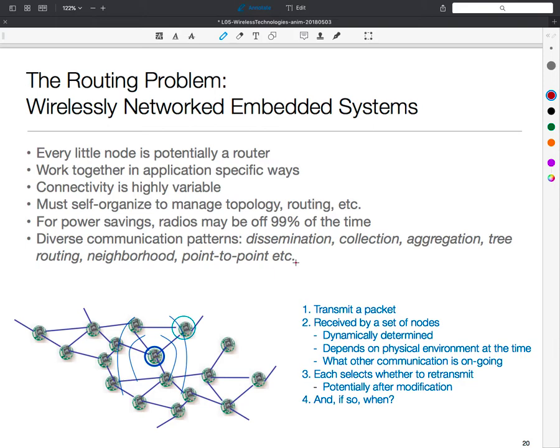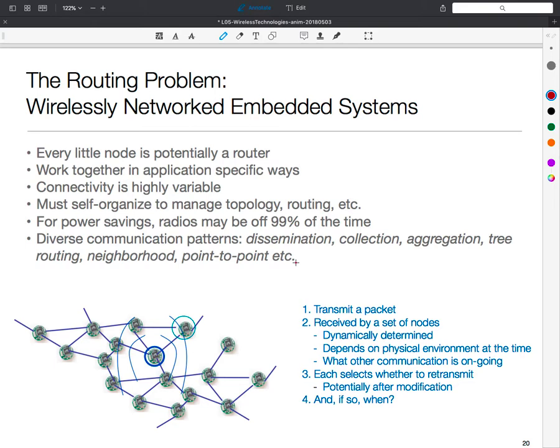But in our setting, now imagine these are devices, light bulbs or whatnot. We just power them up and somehow they have to discover these routes. So we have to figure out how to create that routing infrastructure. There is nothing known a priori. A particular node won't know how to reach another one unless we discover that.